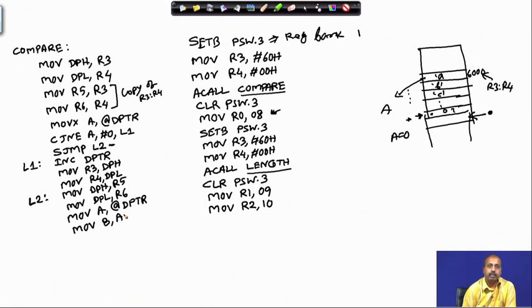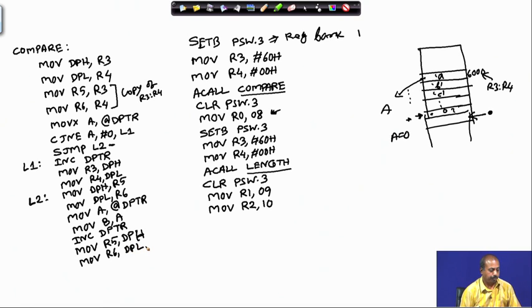So, MOV B, A. Then we increment DPTR and save DPTR in the R5 R6 pair, so that we can load it later. So, MOV R5, DPH and MOV R6, DPL. Okay, that is saved there.